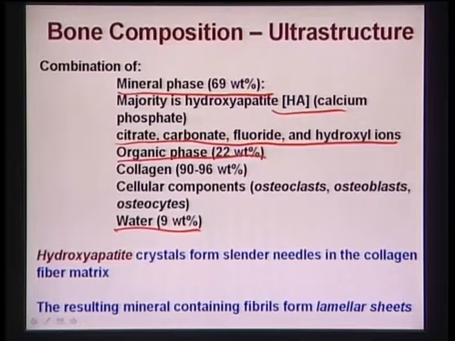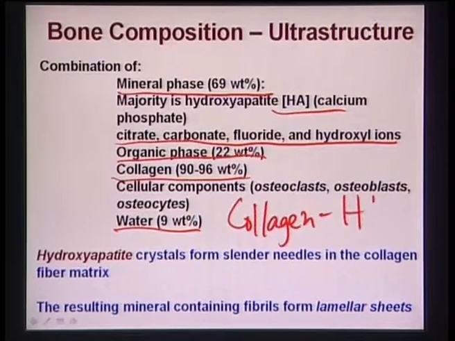Now among this organic phase, collagen is 90 to 96 weight%. That means most of the organic phase is collagen. That is the reason bone is a composite, and this composite is known as a collagen hydroxyapatite composite. Collagen is your organic phase, so that's like a polymer. Hydroxyapatite is the ceramic phase.